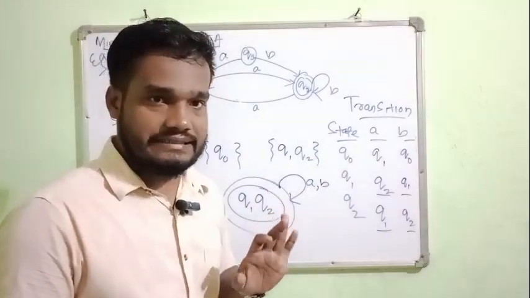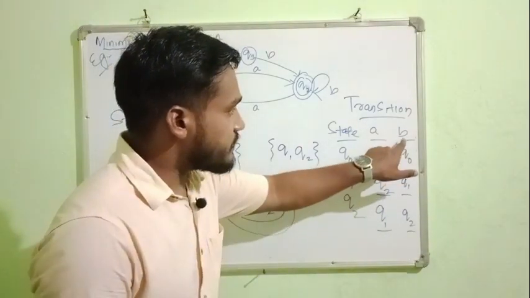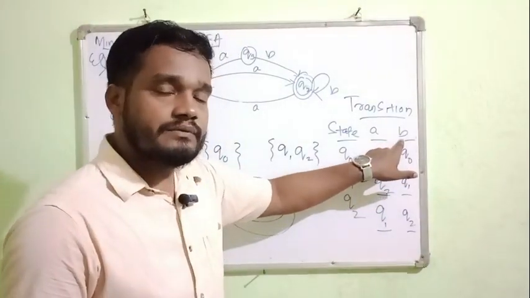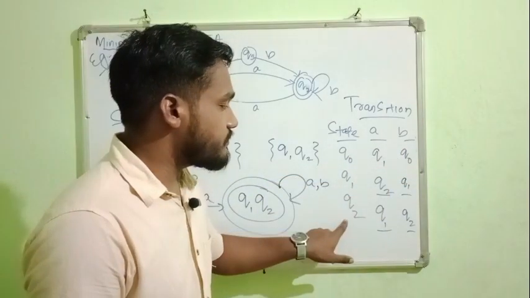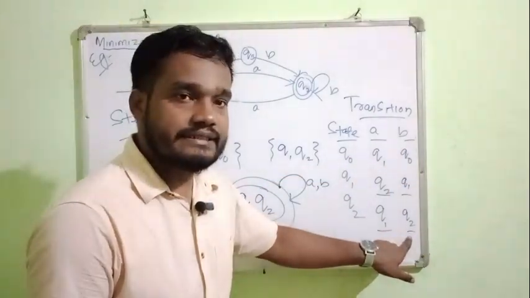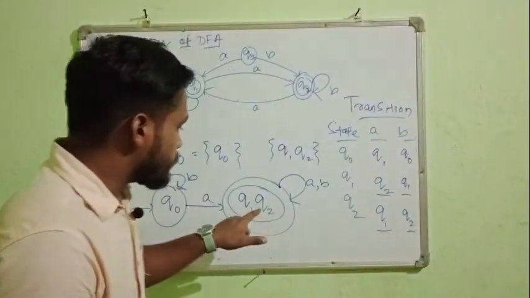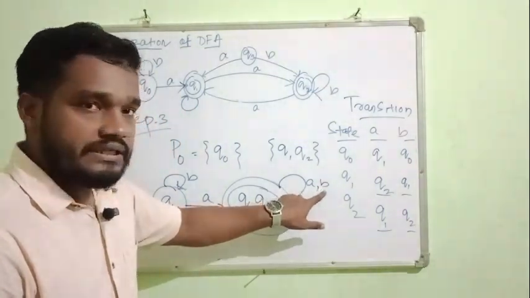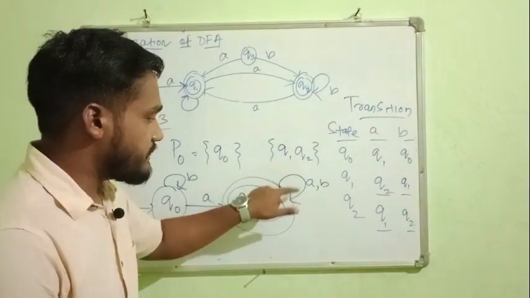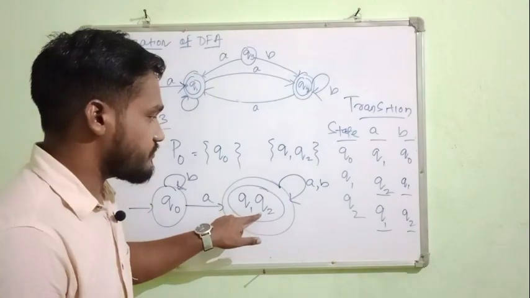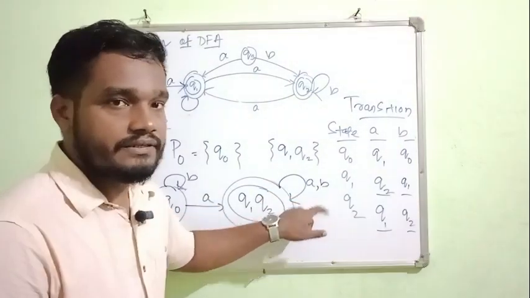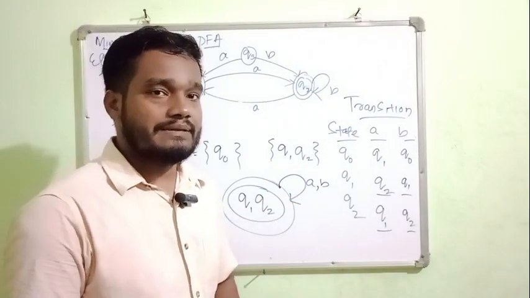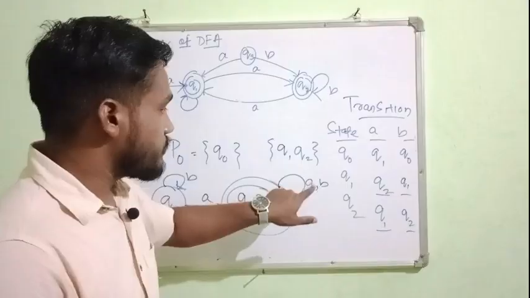For B, if we take B as an input in Q2, then we get the state Q2. So it has already existed, and we don't need to draw B again.